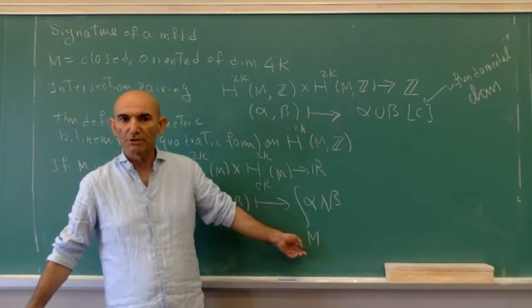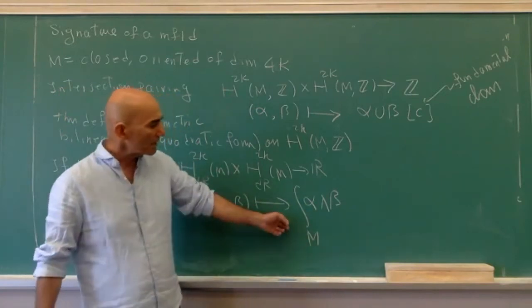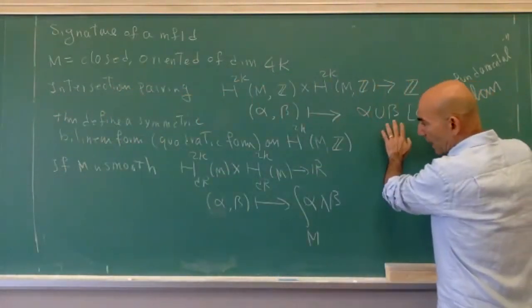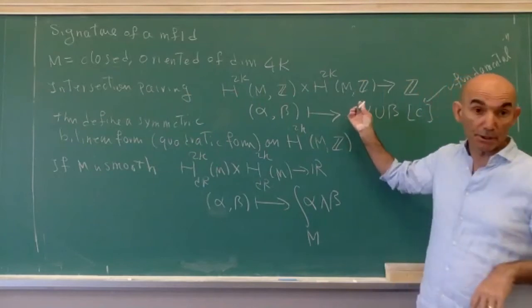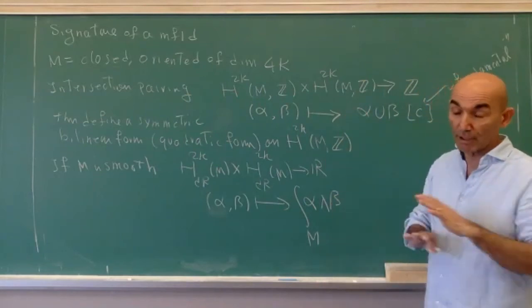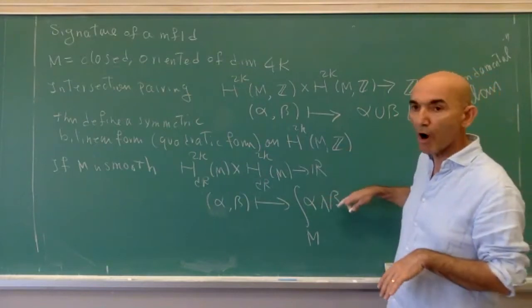You have an orientation, so you can integrate. So this is a de Rham incarnation of this. Of course, the integral version is much more powerful because you go over Z there. Here, we have washed out a lot of information by working over R.